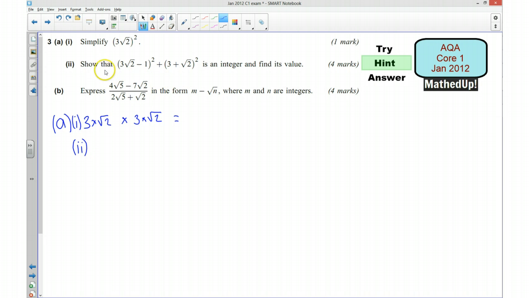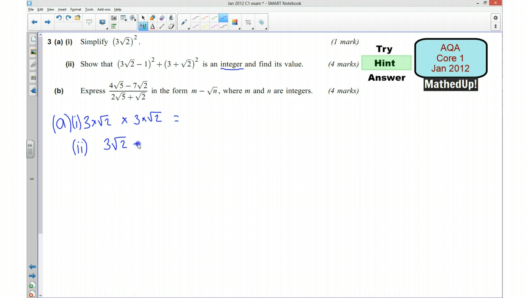Part 2, well, we want to show that 3 root 2 take away 1 squared plus 3 plus root 2 squared is an integer, and remember, an integer is a whole number, and we want to find the value of this integer. So again, to get started, 3 root 2 take away 1 squared, it's useful to write it out in full.